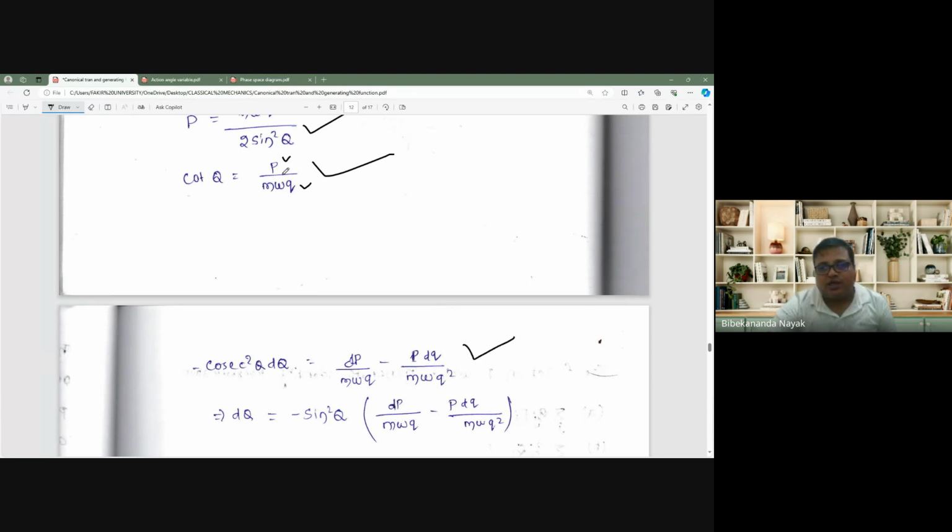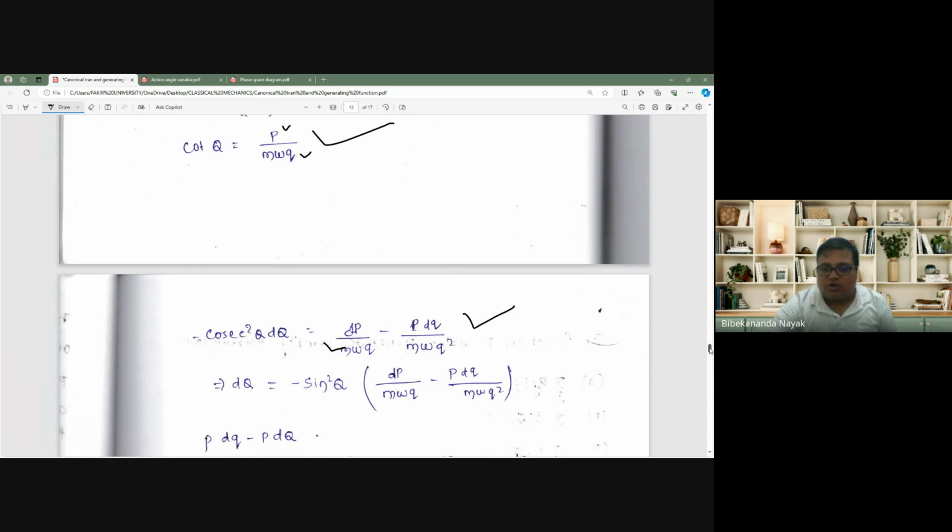With respect to p it is 1 by m omega q into dp, and with respect to q, p by m omega into minus dq by q squared. But 1 by cosec squared is equal to sine squared. So taking this side, we find dQ is equal to minus sine squared phi into dp by m omega q minus p dq by m omega q squared.